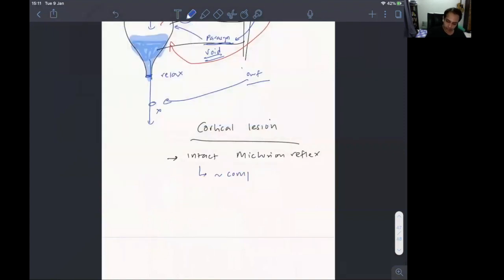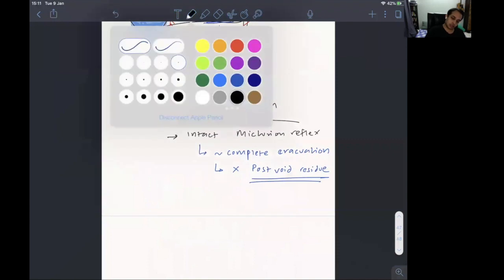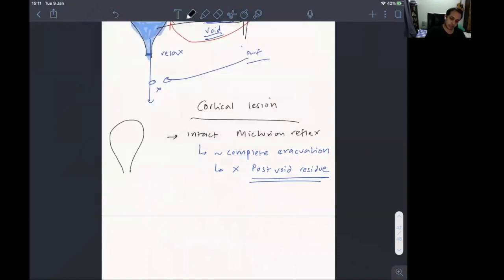So there will be almost complete evacuation. And clinically, what this means is that there will be no post-void residue. So what does post-void residue mean? Suppose your bladder is full and it is now contracting.